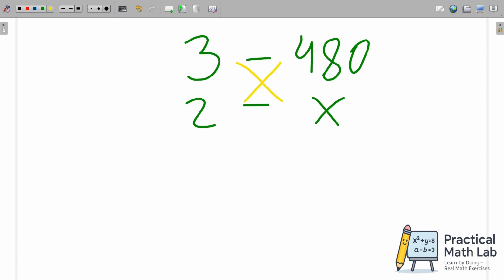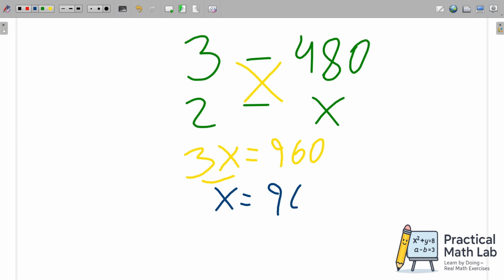So 3 times x is equal to 3x, which equals 480 times 2, which is 960. Well, if it's multiplying here, when it goes to the other side, it divides. So x equals 960 divided by 3. Therefore, x equals 320.